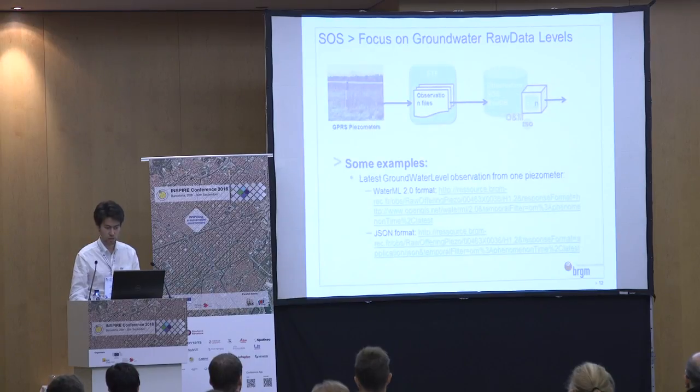So here you can see a presentation of what is done for groundwater raw data levels. We have some GPRS piezometers that push the data hourly, and those data are stored on an FTP as files, and then we have a process that enters the data in the observation source raw databases with an O&M-like schema, and these are provided by the 52°North solutions.